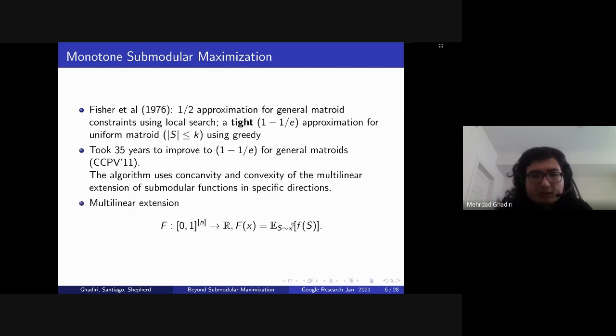But for now, the multilinear extension of a set function is defined to be the expected value of randomly picking a set S from a vector x. It means that if I have a vector in the 0,1 cube, I pick each element with probability x_i, the corresponding coordinate, and then I take the expectation over f of S.